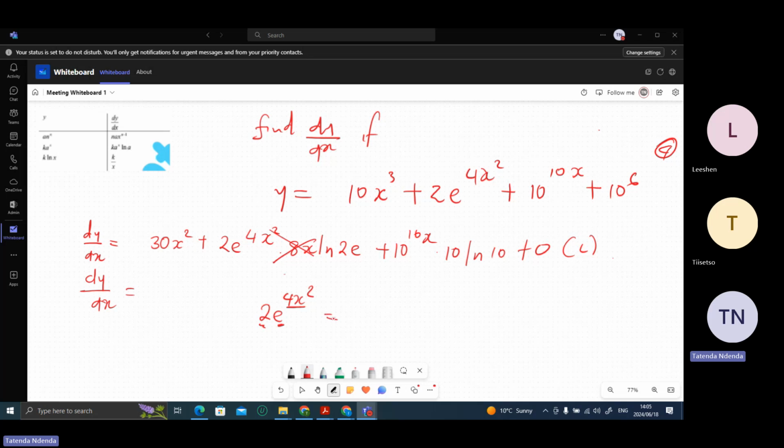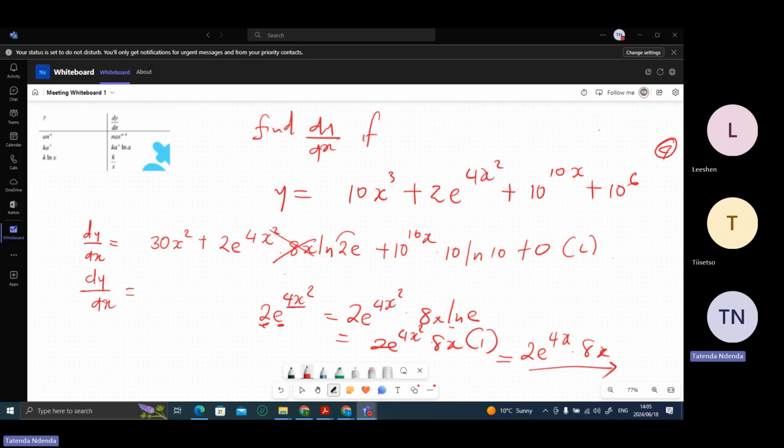Meaning that this is going to be 2e to the power 4x squared multiplied by 8x ln e, not 2e, because 2 is not raised to the power, it's only e. So basically this gives us 2e to the power 4x squared multiplied by 8x, because ln e is 1.